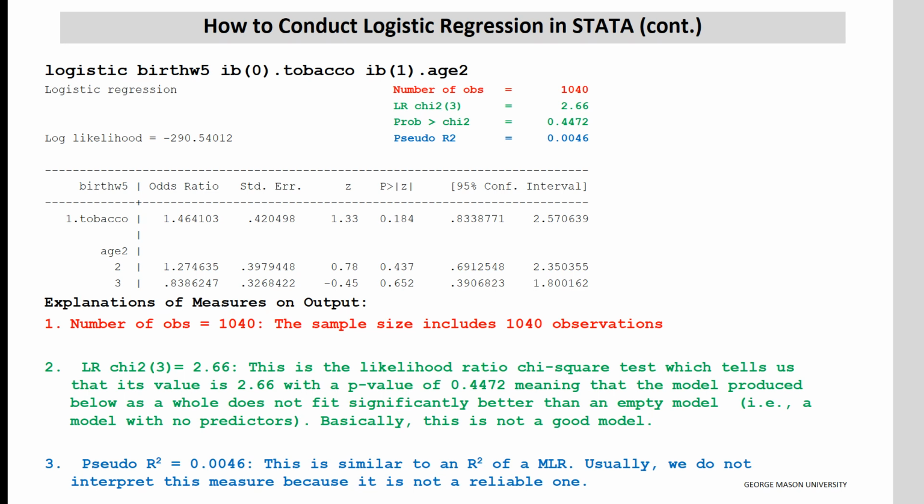This is the likelihood ratio chi-square test, which tells us that its value of 2.66 with a p-value of 0.4472 means that the model produced below as a whole does not fit significantly better than an empty model, meaning a model with no predictors. Basically, this is not a good model.